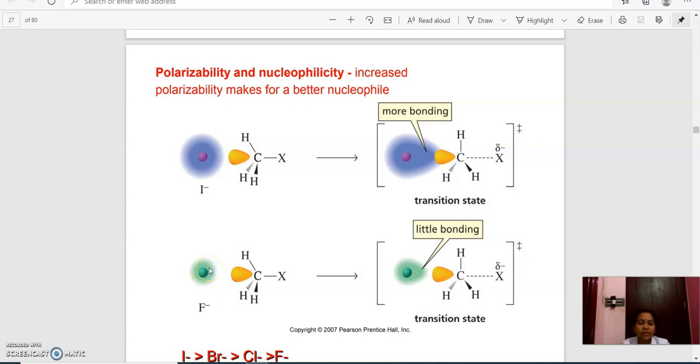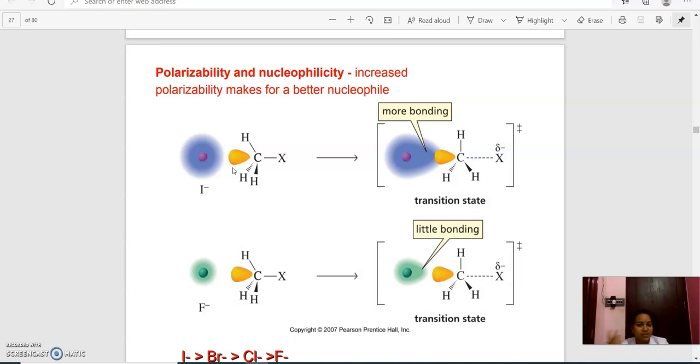But iodine has a high molecular mass and a high atomic radius. So the nucleus of iodine has less attraction on the valence electrons. So iodine can easily donate its electron towards the carbon, and it can easily bond with carbon.